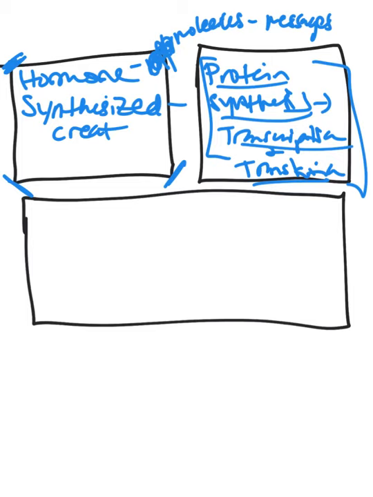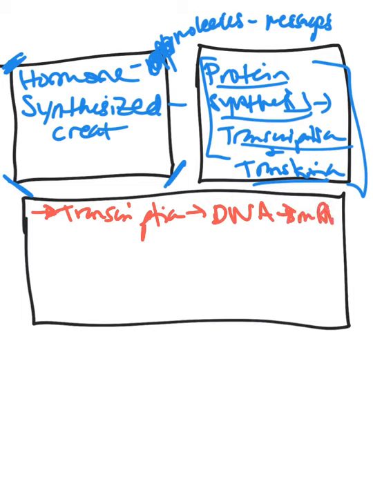So some of the information I need to make sure I have here is that transcription, the process, is taking DNA and making it into RNA. That might be information I got from up here, but it's outside information that I'm bringing in.